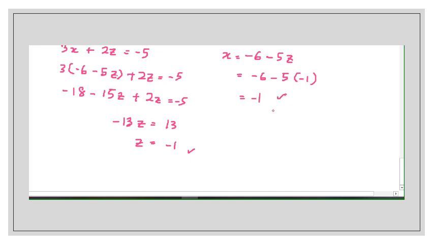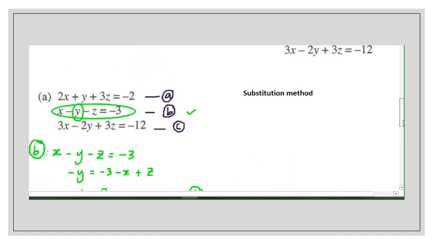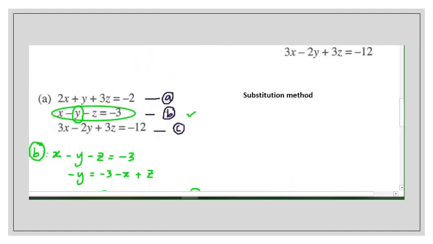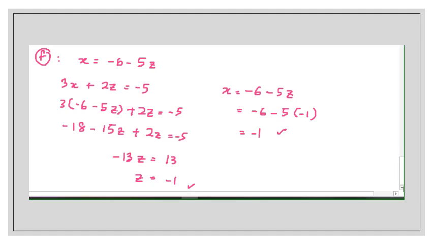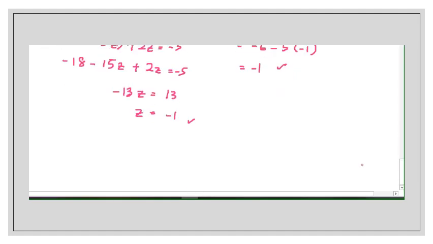Okay, last one is to get the value of y. To get the value of y, you must take from our original equation, equation A or B or C. You can choose any of these because we already know the value of x and value of z. Now we take the easier one, that is equation B: x minus y minus z equal to negative 3.